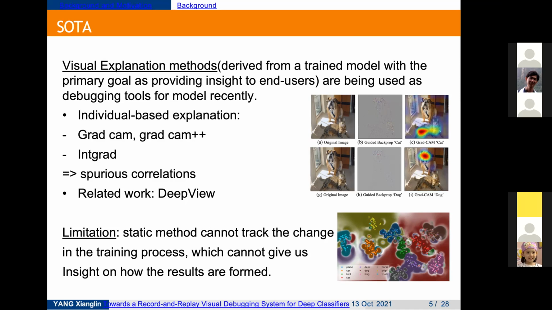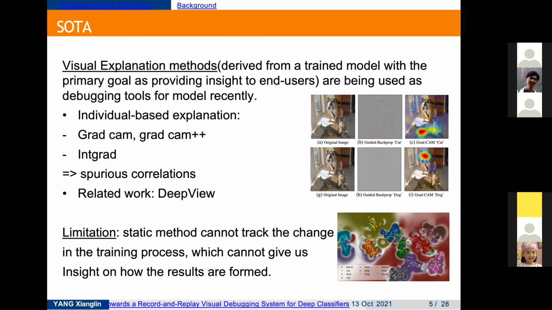DeepView wanted to visualize some training points along with the boundaries for an image classifier. But its shortcoming is that it's very inefficient and can only work on probably 200 to 300 data points, so it's not scalable.